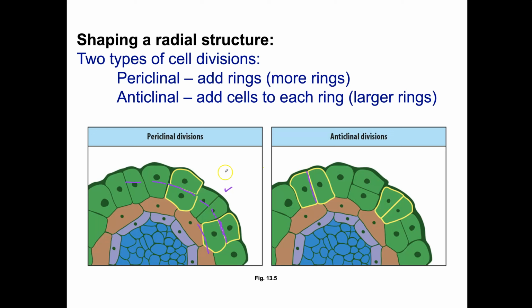So periclinal is beside or in the same plane as the actual ring, and anticlinal is in the opposite direction, perpendicular to the actual ring. For periclinal, we can make more rings when we divide that way. And then as the plant is growing, if you have additional rings, they have to get wider. So the rings get wider when the cells divide this way.